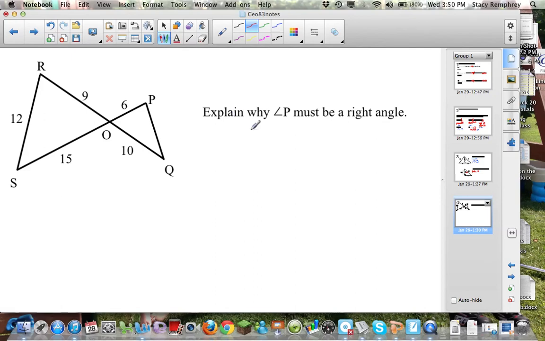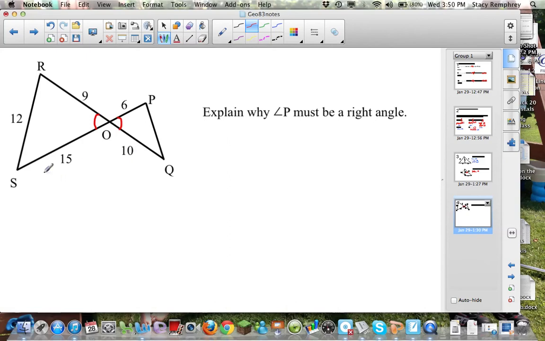Over here, very similar idea. Why must angle P be a right angle? Well, a couple different things you can do here. We can prove they're similar. I have my VAT here. 6 to 9 gives me a 2 to 3 ratio. 10 to 15 gives me a 2 to 3 ratio.